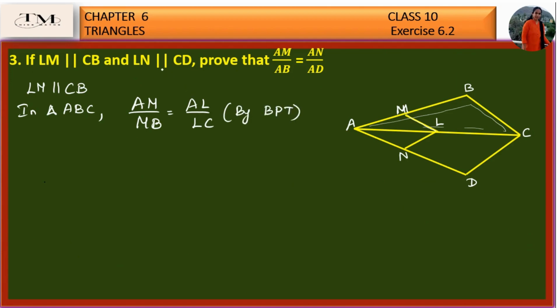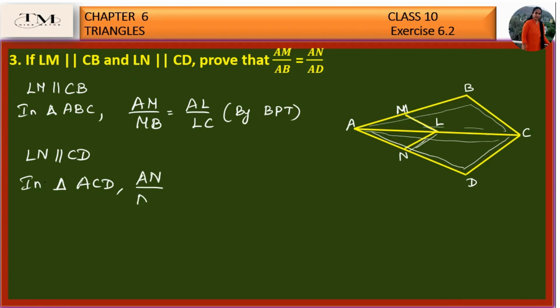What is given? Another one, LN parallel to CD. LN parallel to CD. This LN is parallel to CD. So, let us consider this triangle A, C, D. So, in triangle A, C, D, then we have AN by ND is equal to AL by LC.